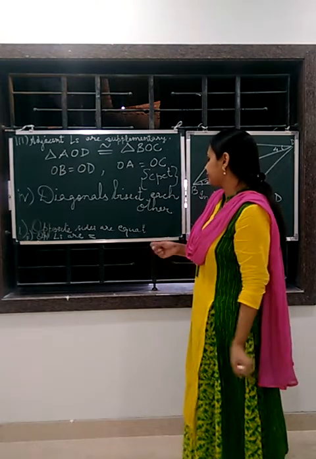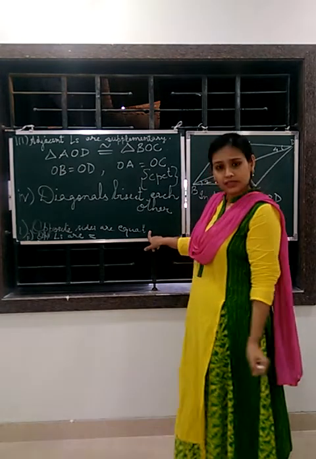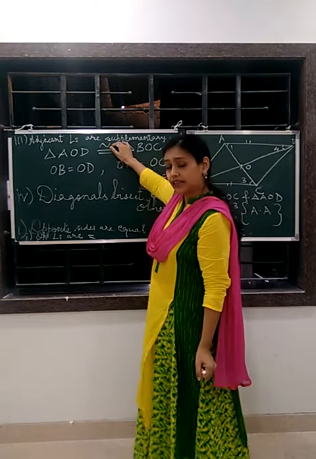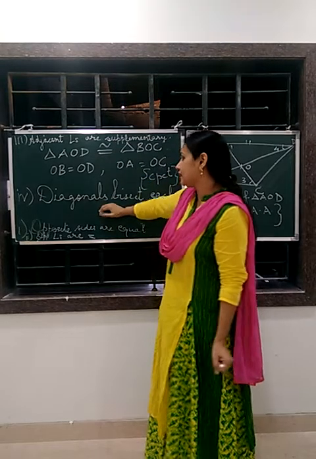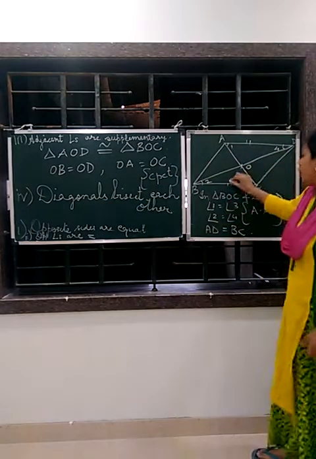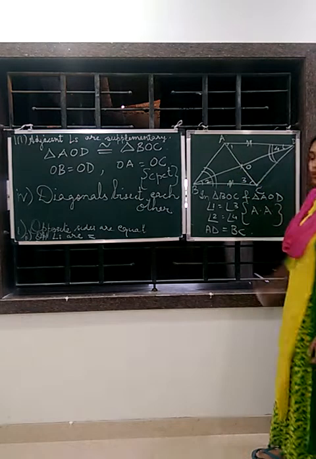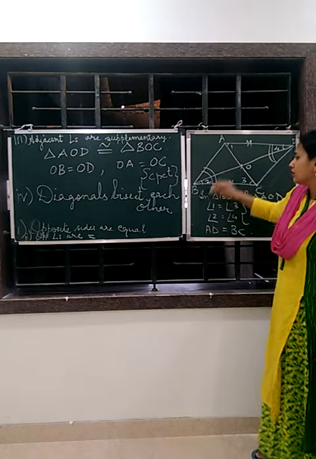Okay. So the first property is opposite sides are equal, opposite angles are equal, adjacent angles are supplementary, and diagonals bisect each other.